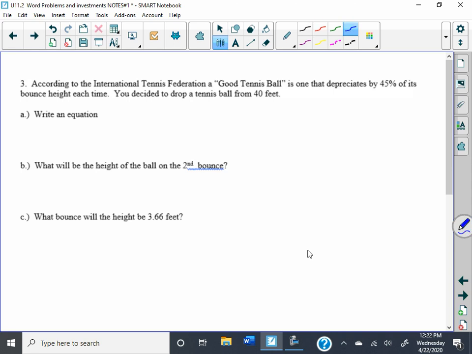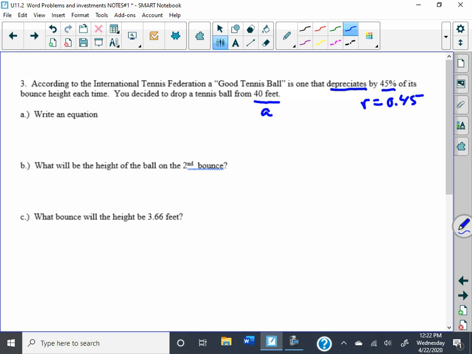All right, so let's see what these numbers represent. We're starting with the ball 40 feet in the air, so this is our A. We're going to start it at 40 feet. It depreciates, so we're going to be using the decay equation. And then 45%, there's our percent, and we have to convert it to a decimal, so that would be 0.45, or just 0.45.